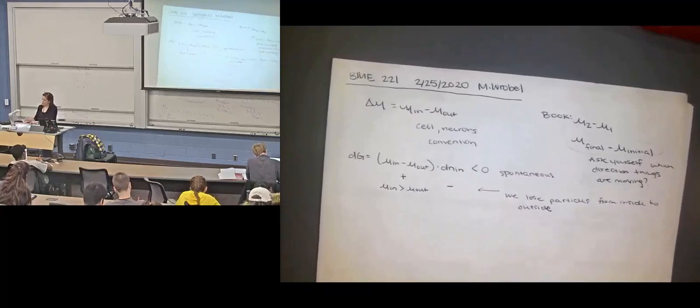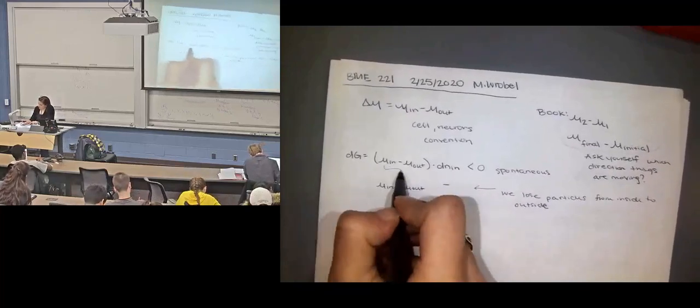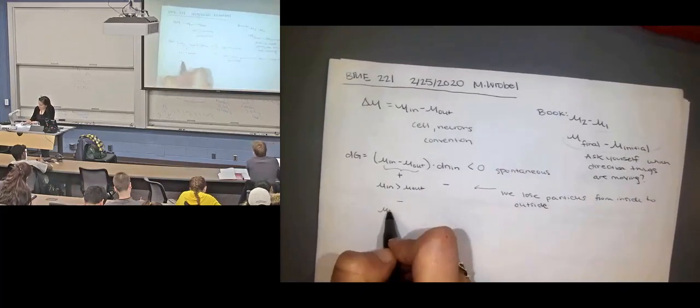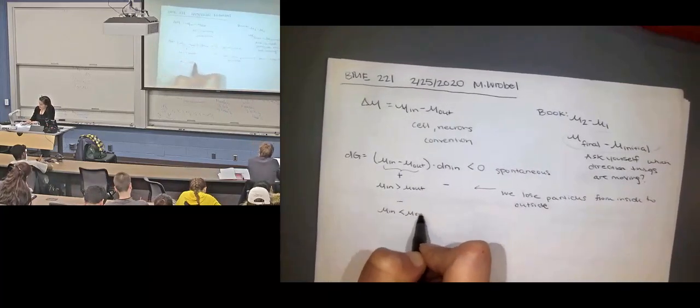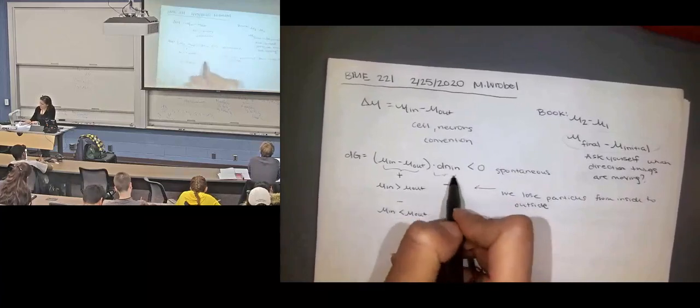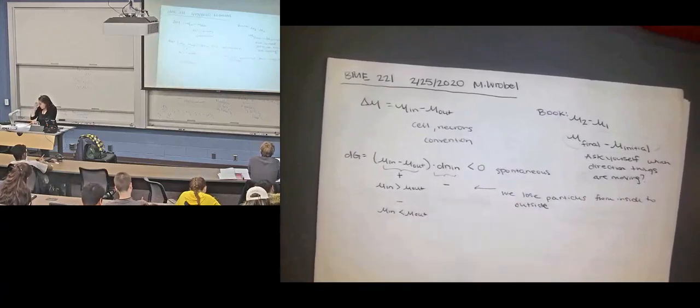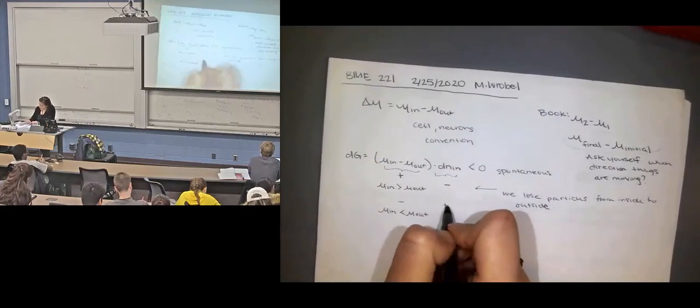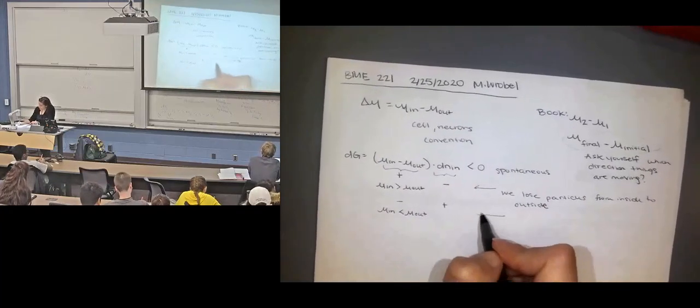Alternatively, if this term is negative, such that the chemical potential of the inside is less than the chemical potential of the outside, in order to be spontaneous, this change in the number of moles or molecules on the inside would have to be positive. So things would have to be flowing in.